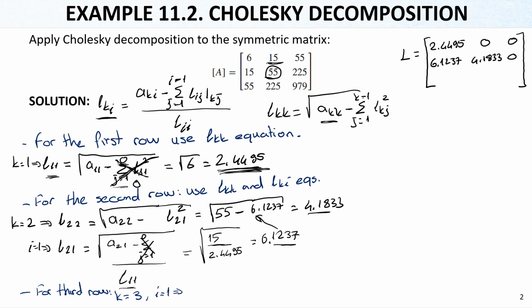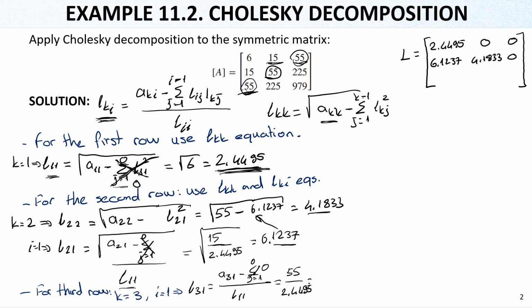If i equals 1, then let's start with the first equation here. L31 is equivalent to A31 minus summation, which is 0 again since j equals 1. So this is 0. I will not write that. It goes to 0 and L11, which gives us A31, which is 55 in our matrix, divided by L11, we already found it as 2.4495.